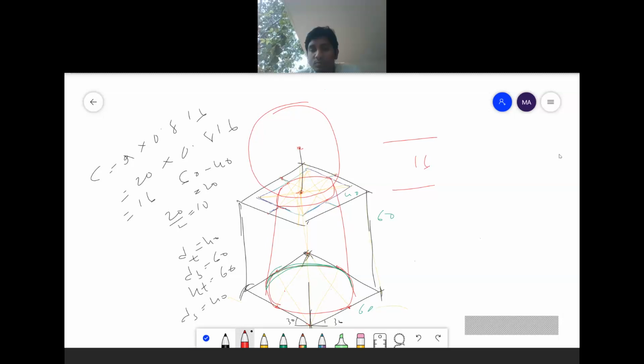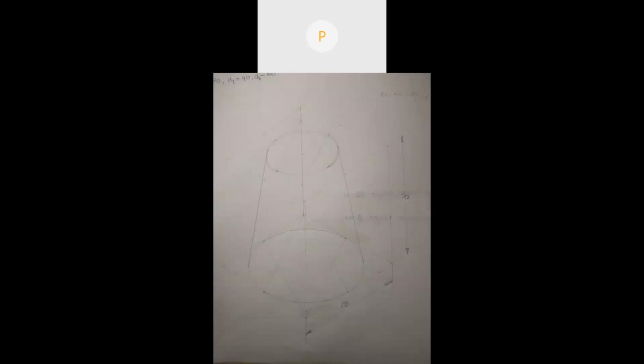ECE, sir. Can everyone see this diagram?